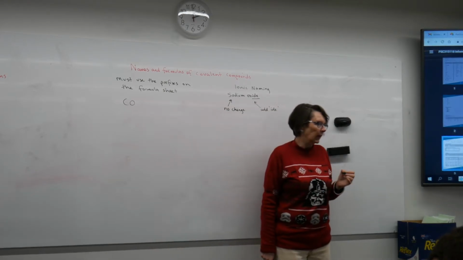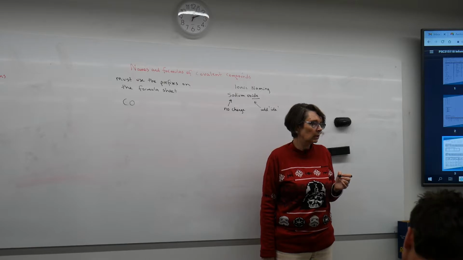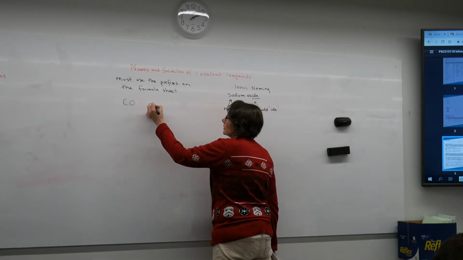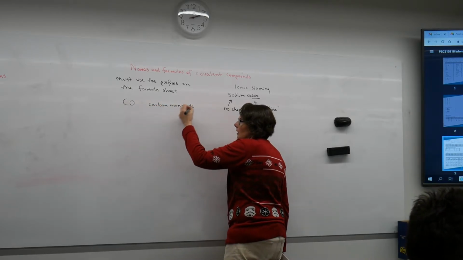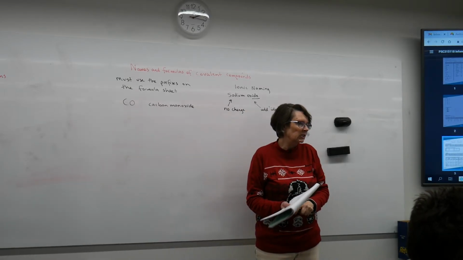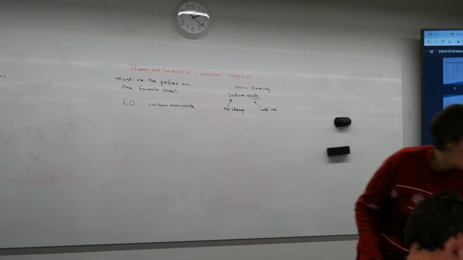What's this thing's name? It's a carbon and an oxygen. Carbon monoxide. Because there's only one carbon, we don't normally say monocarbon. Okay, we just say the carbon.